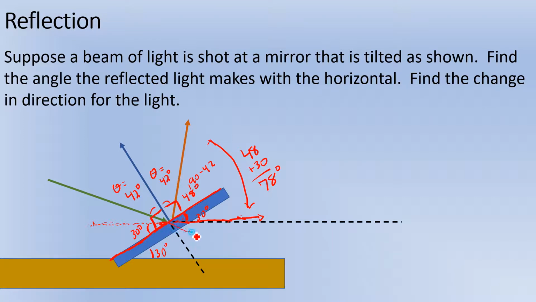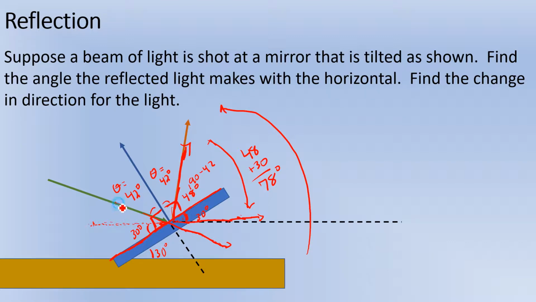Now this was going down like here. So this green, which is representing my incoming light, was going this way. But now it's going this way. And there's a lot of different ways that we can figure this out. But basically, what we want is now all of this.